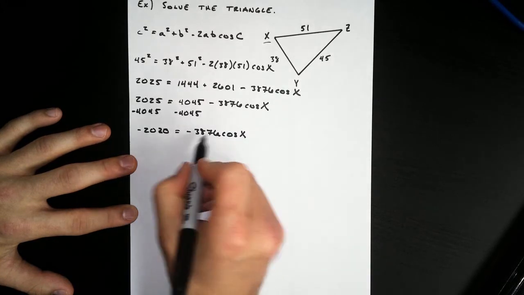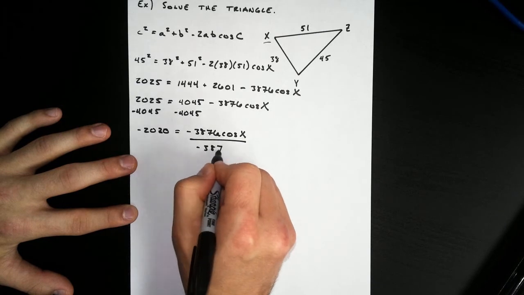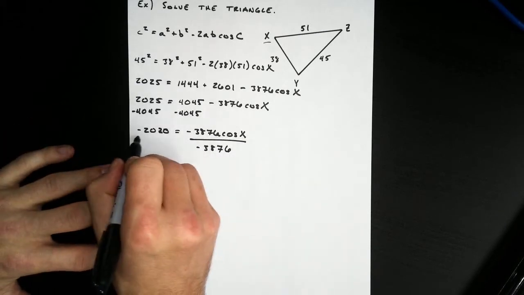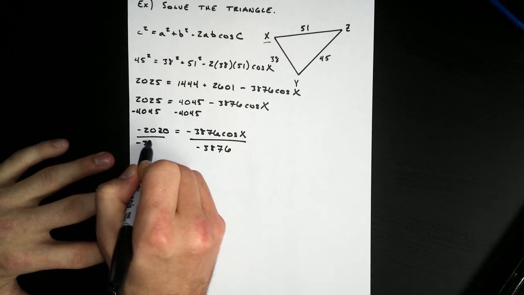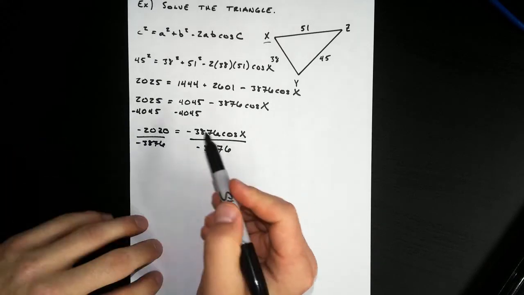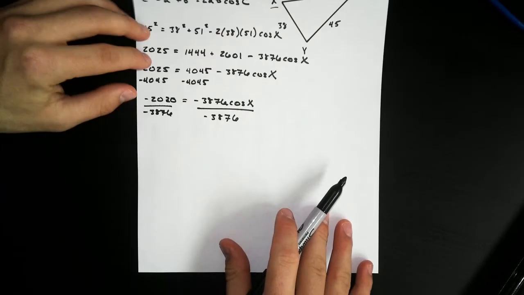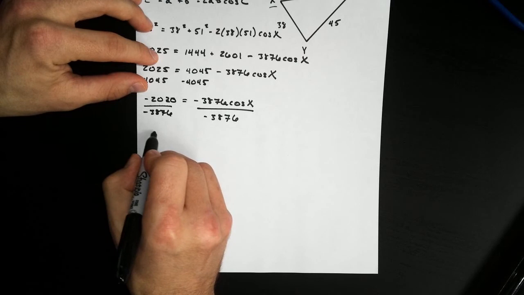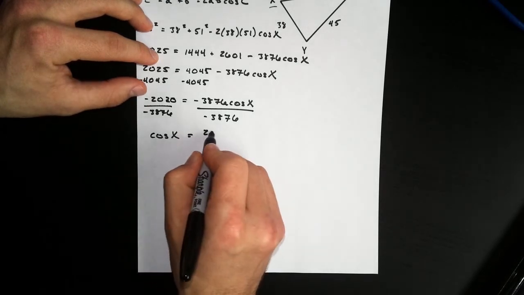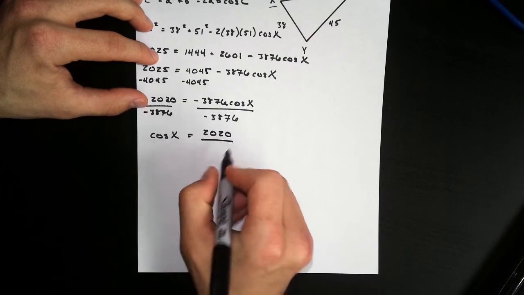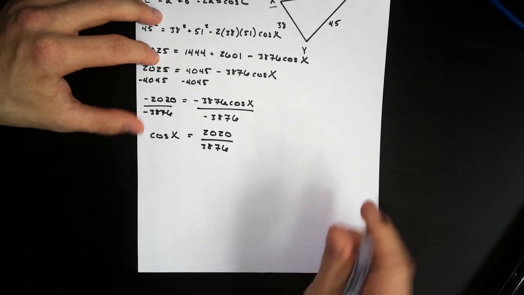These are being multiplied, so to isolate, let's divide both sides by the negative 3876. We have a negative divided by a negative, so those will cancel out, turning it into a positive. So we end up with the cosine of x is equal to this fraction, 2020 divided by 3876.